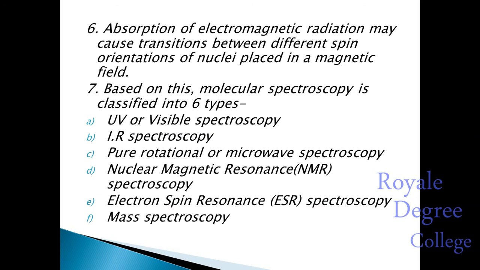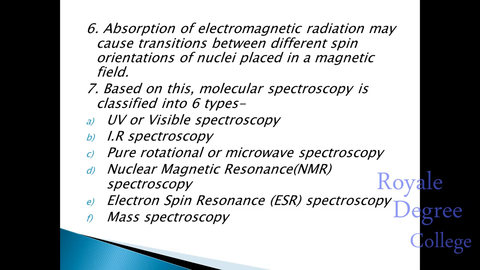Now, based on this, molecular spectroscopy is classified into 6 types. How many types? 6 types. What are they? First one is ultraviolet spectroscopy or visible spectroscopy. Second, infrared spectroscopy. Third one is pure rotational or microwave spectroscopy.